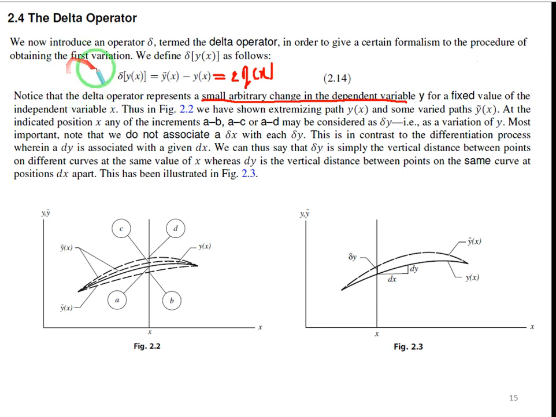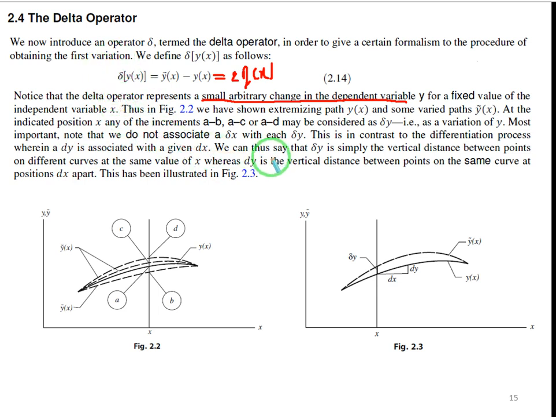I'm going to discuss the boundary conditions of the problem in more detail in our next sessions. But in this session, I especially want you to be familiar with this concept, the variational operator or delta operator.